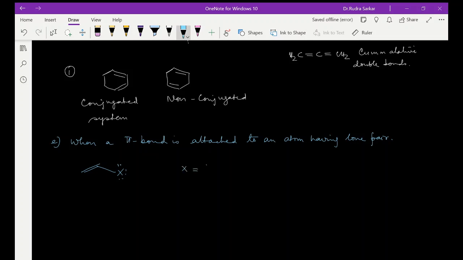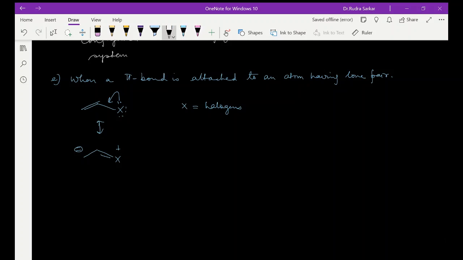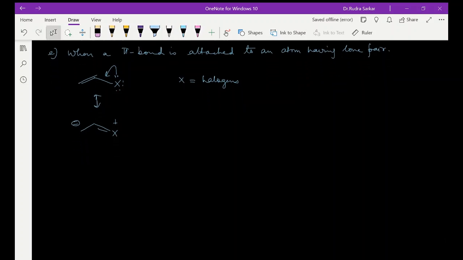So X over here I am claiming it to be as halogen. So in those cases, the electron will be pushed towards the pi. Okay. So what will happen in that case? A plus charge will come on the X and the minus charge will come on the carbon. So let's take some examples of this. And one more thing to notice over here, whenever such a lone pair is conjugated, this lone pair should be sp2 hybridized. Okay, so this is one critical point that should be kept in mind.